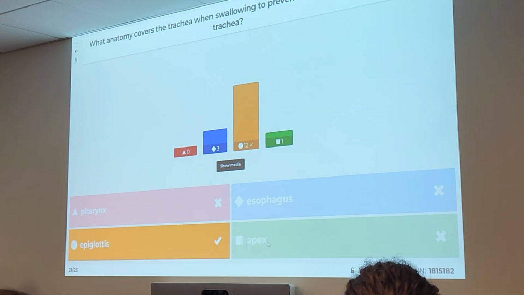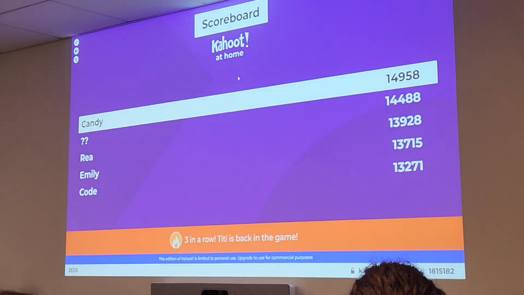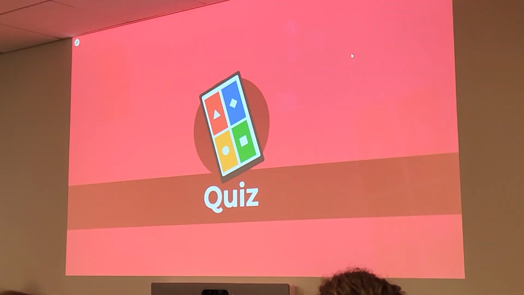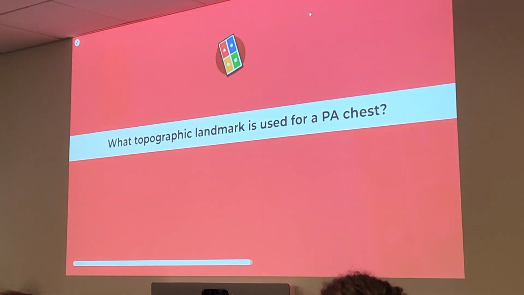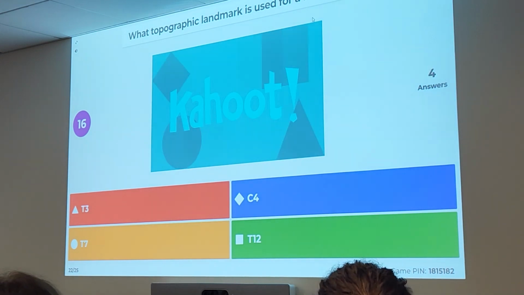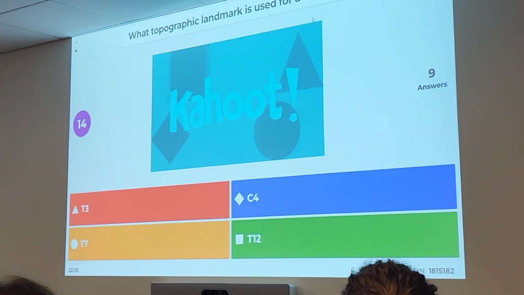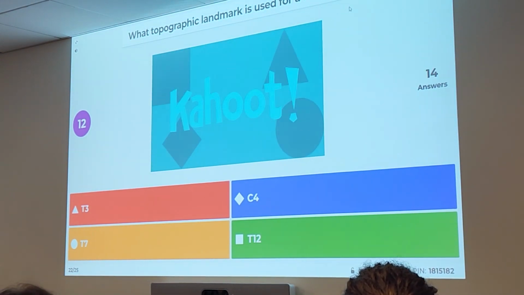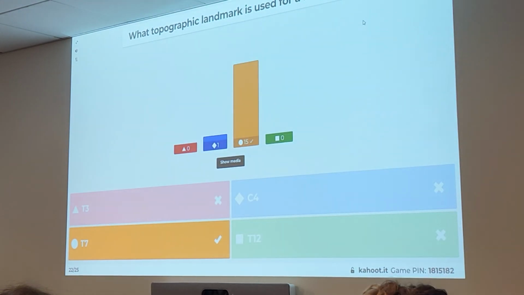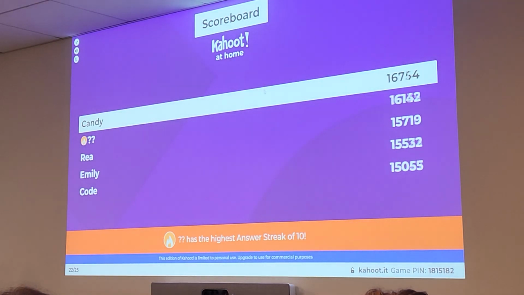Apex is going to be the top of your lung. What topographic landmark is used for a PA chest? T7, which is center 2. Very good. C4 is going to be for your airway.